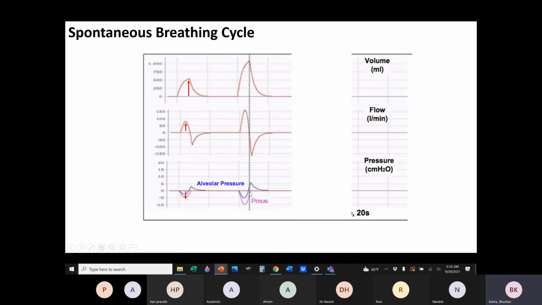So you're continuing to breathe in, and then you relax, and then you breathe out. So for the same neural inspiratory time, which your brain fixes, if the negative pressure increases, the tidal volume will increase. Simple. The flow will increase and the tidal volume will increase.